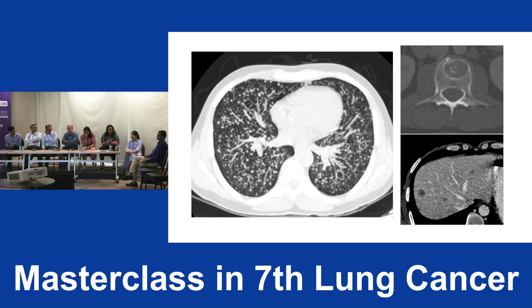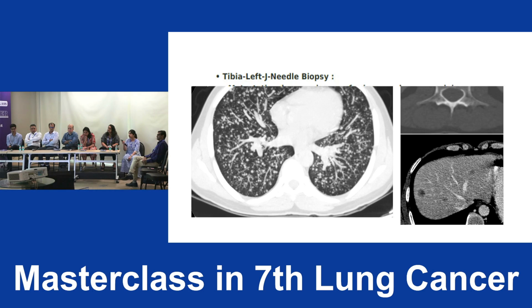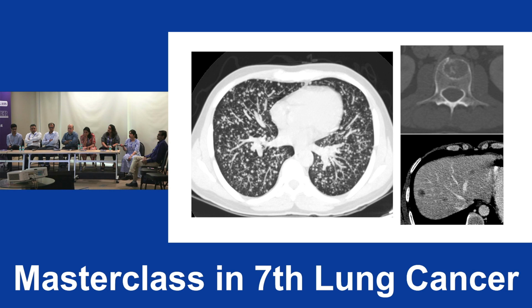Nivedita, would you like to take that case? Yeah, so there are innumerable pulmonary nodules, lytic lesions in the bone, and I suppose liver mets also. Yeah, so liver lesions. So this is how sometimes the patient can present with metastasis.